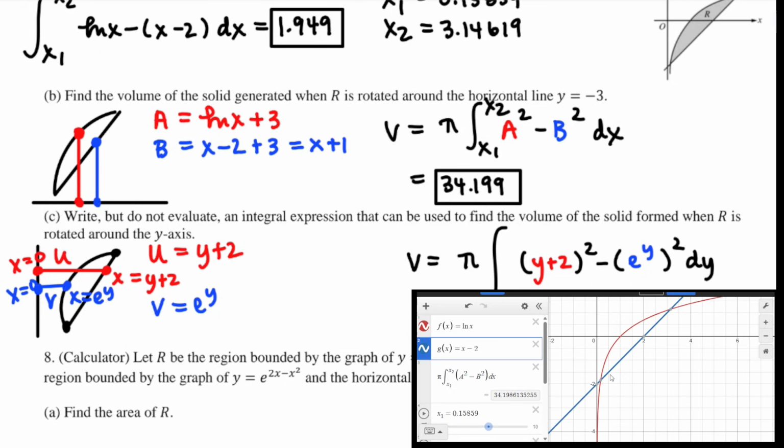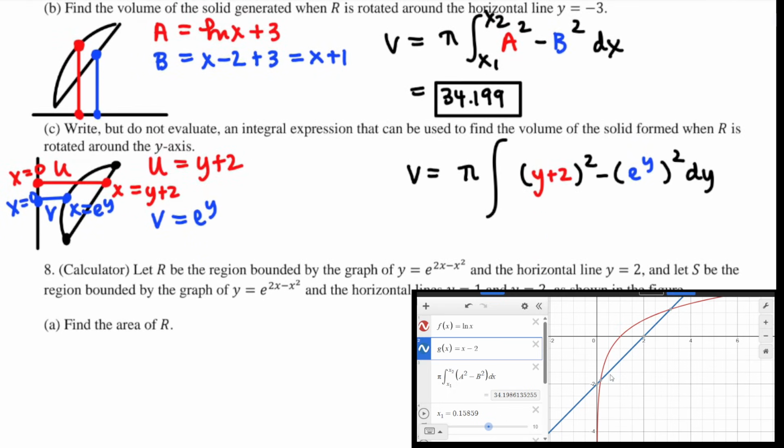I'm going to need bounds of integration, so I'm going to say, okay, y plus 2 equals e to the y at y equals, it's kind of a shame, I should have held on to those points, negative 1.84141, and y equaling up here 1.14619.